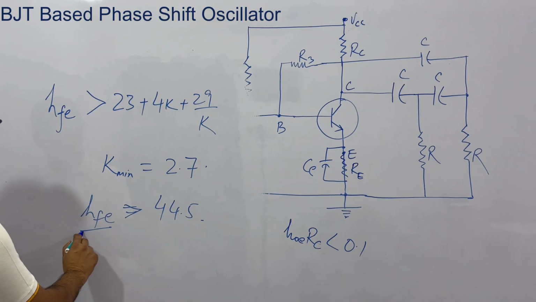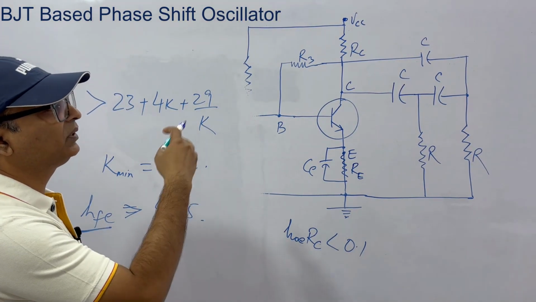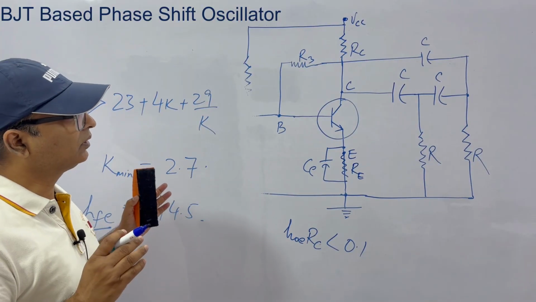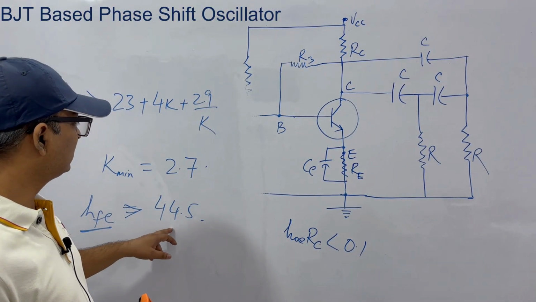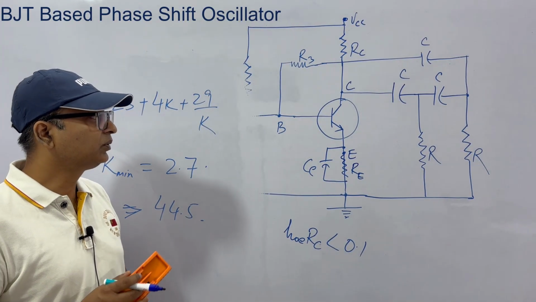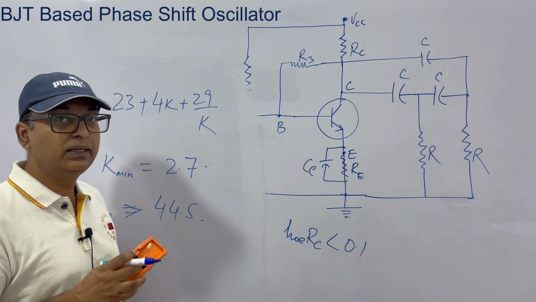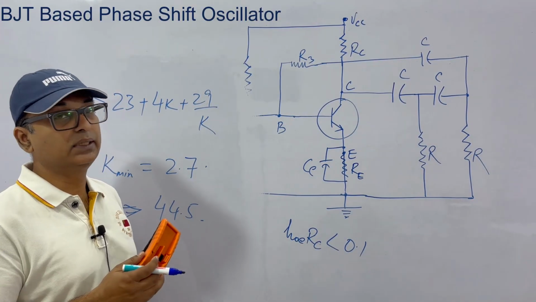That is, a transistor with HFE less than 44.5 cannot be used for making a phase shift oscillator. So HFE has to be greater than 44.5. You should learn this. You should keep these formulas in mind, and given some data, you can find the frequency of oscillation.